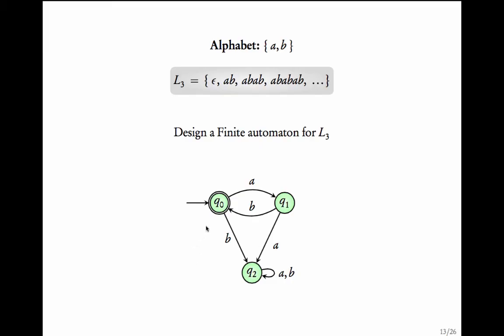Here, the automaton was deterministic. At every state, on a letter, you had a unique choice to take. You knew where to go. From Q1 on an A, you know that you have to go here. From Q1 on a B, you knew that you have to go here and so on.